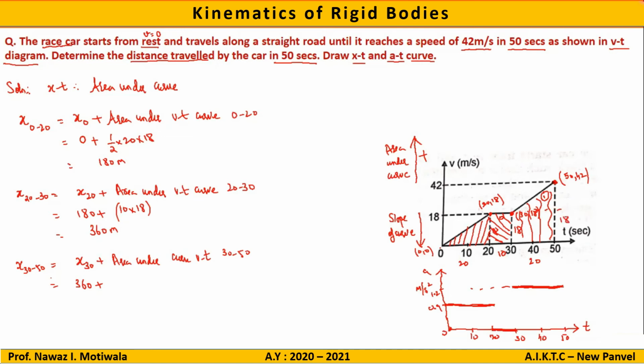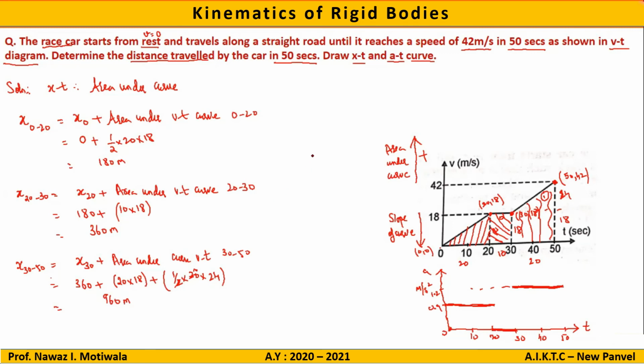The triangle has a height of 24 and base of 20. So the area under the VT curve is the area of the rectangle, 20 multiplied by 18, plus the area of the triangle, half into base, where base is 20 and height is 24. Solving, I get 240, so 240 plus 360 plus 360, I get the answer as 960 meters. So we have completed the calculation part of displacement.